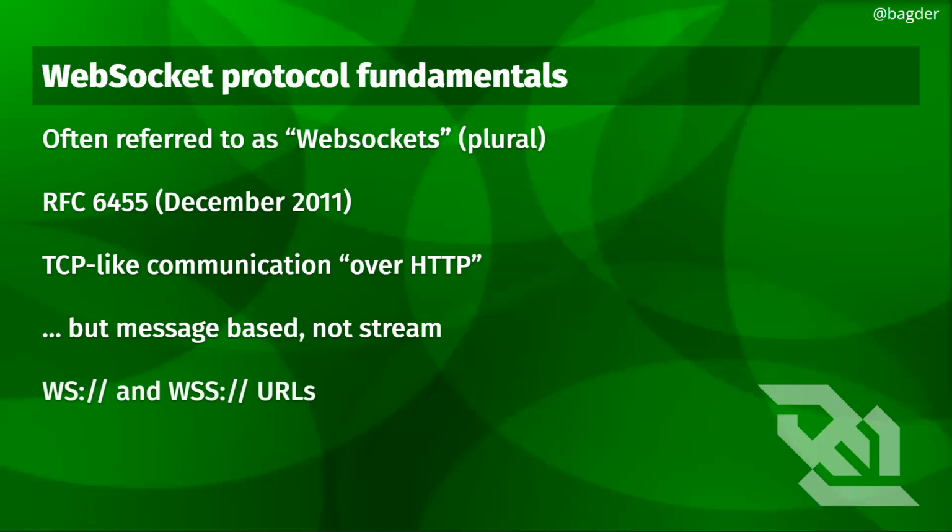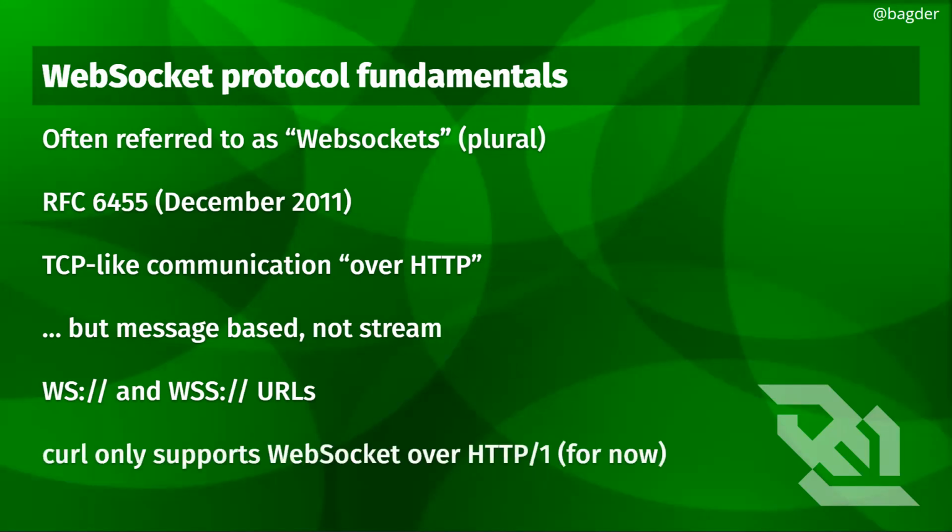And you set it up with these ws:// or wss:// URLs. The first one being without TLS, and the second one, the one with two S's, using TLS. I guess the second S is for secure. So WS for WebSocket, of course.